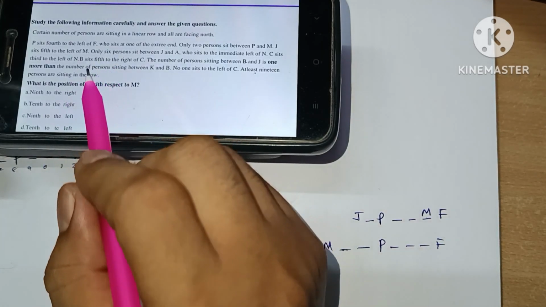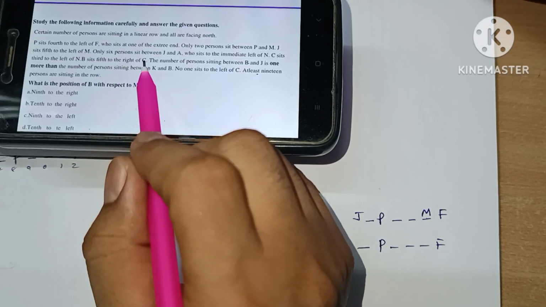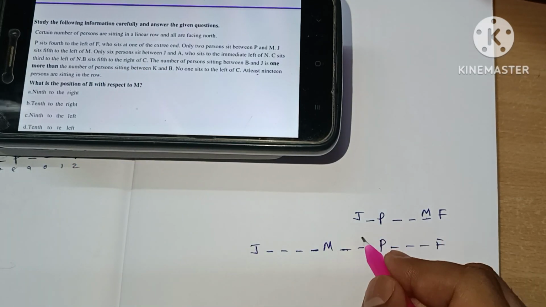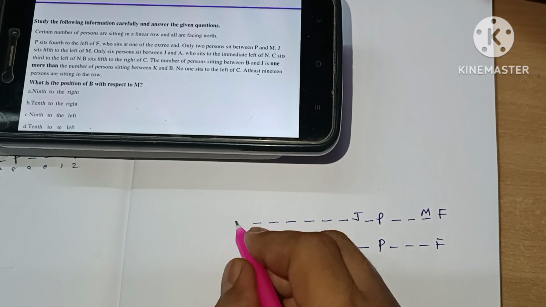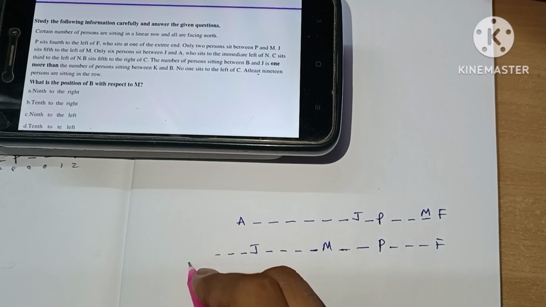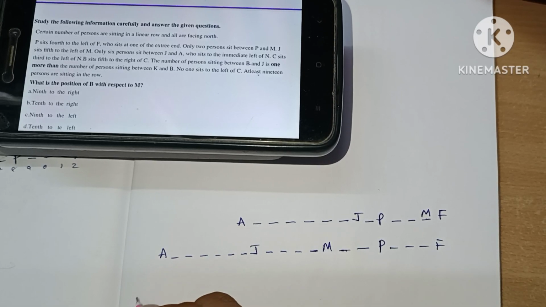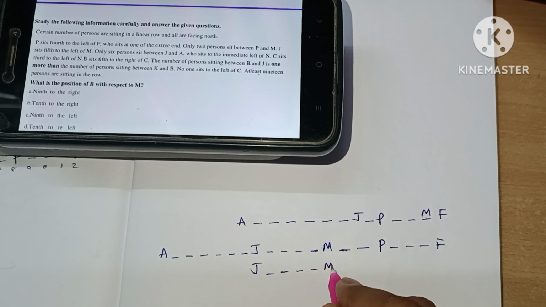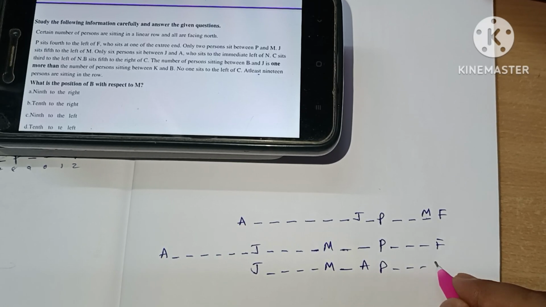Okay. Next, only 6 persons sit between J and A. So 1, 2, 3, 4, 5, 6 and A. This is one possibility, or 1, 2, 3, 4, 5, 6 and A is also possible for this one also.